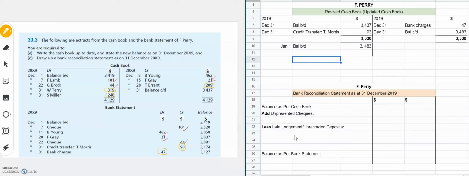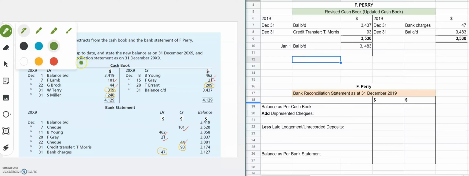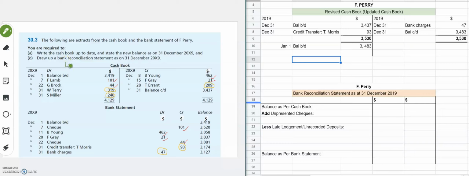Now, our late lodgements would be found on the debit side of the original cash book, and the unpresented checks would be found on the credit side. Unpresented checks are checks that we paid out to individuals.